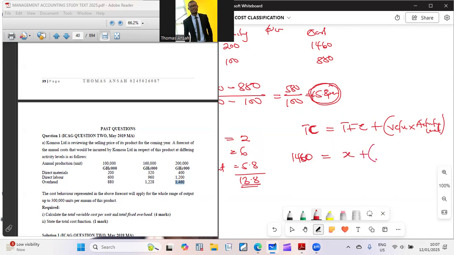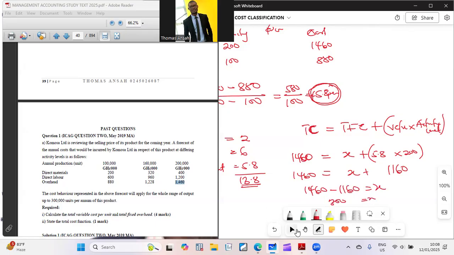And when you add the per unit of 5.8, the highest level of activity was 200. You can also use the lowest level, I keep saying that it's not by force. So 5.8 multiplied by 200 is 1160, plus X equals 1460. So 1460 minus 1160 will be equal to X, and that is 300 cedis.